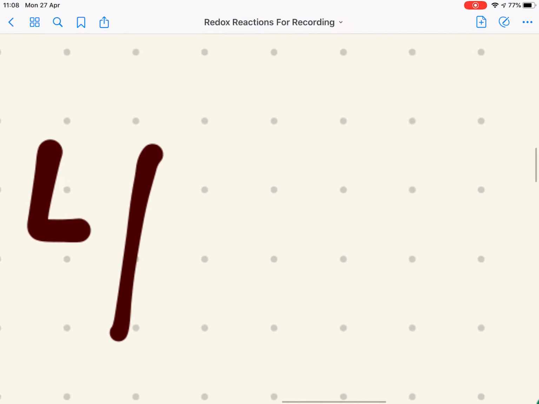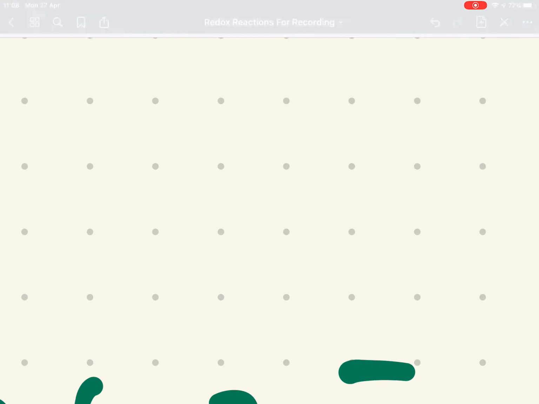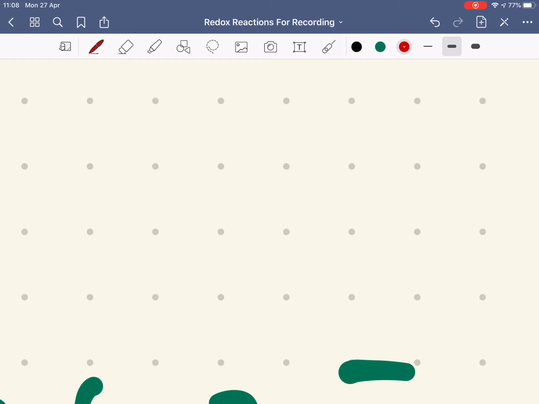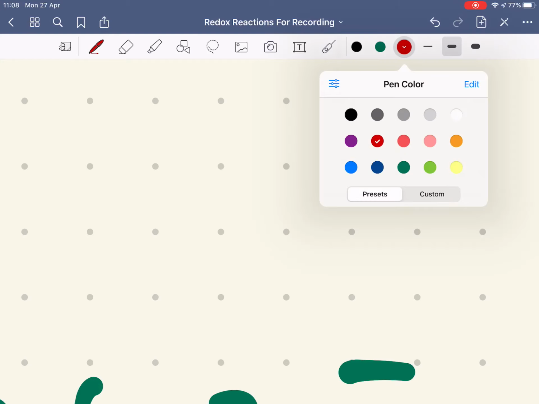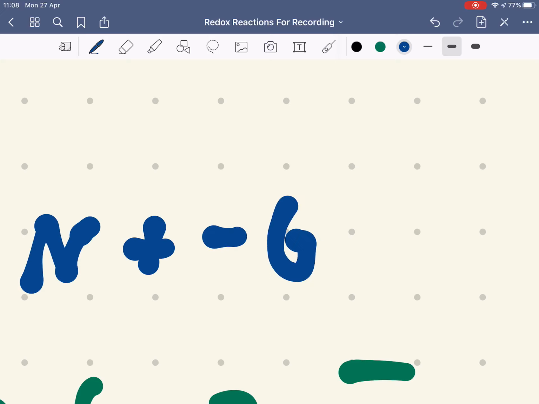Let's zoom way in because we can do this, all right? What this has got to look like here, this has got to be nitrogen plus -6 equals -1.